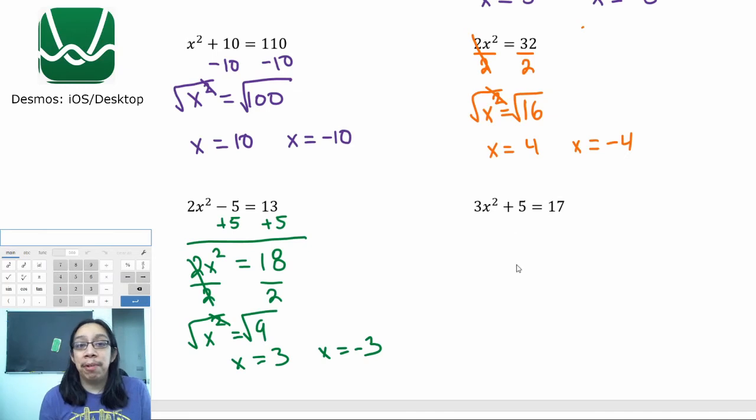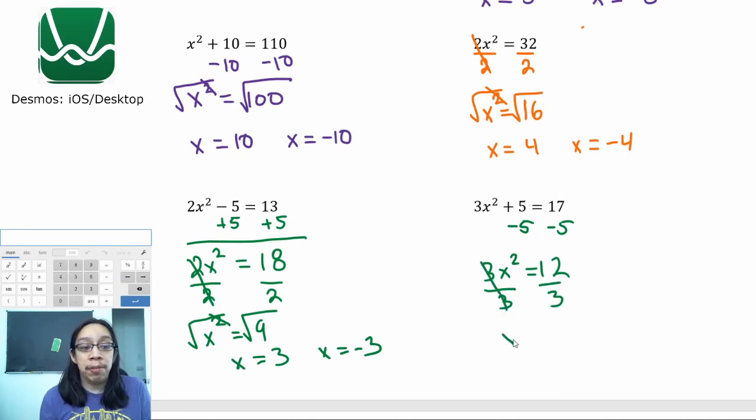Let's go ahead and see one more example in action, just to get this idea home. 3x squared plus 5 equals 17. So again, let's prioritize the addition that we see in this problem. So what we're going to do is subtract 5 on both sides. By doing so, we're left with 3x squared is equal to 12. Now from here, we're going to divide both sides by 3 in order to simplify out the 3.